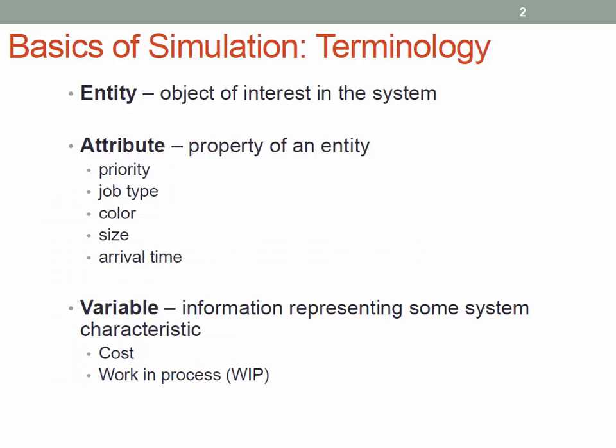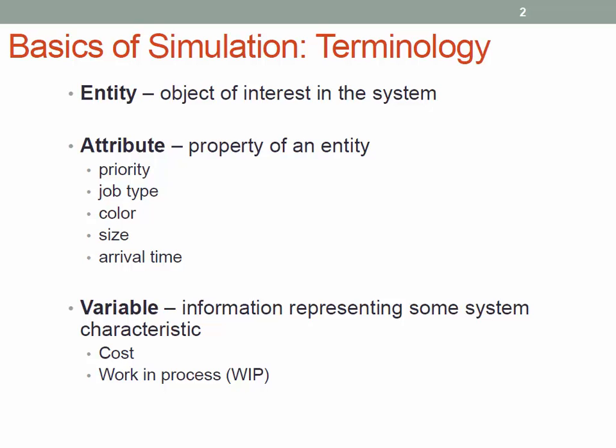And again, I'm adding to the slides that we've been discussing through the semester. A very important thing that I always highlight is the difference between an attribute and a variable. I still see people having issues differentiating between them.